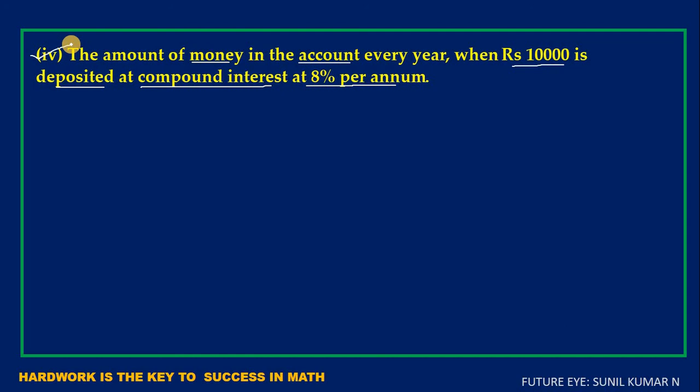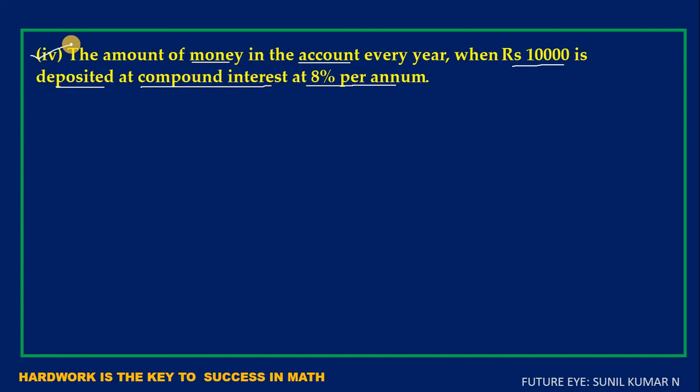In simple interest, every year a fixed amount of interest will be added. But in compound interest, they never add a fixed amount of interest because interest will keep on increasing. Hence, we can say this is not an example for an AP.